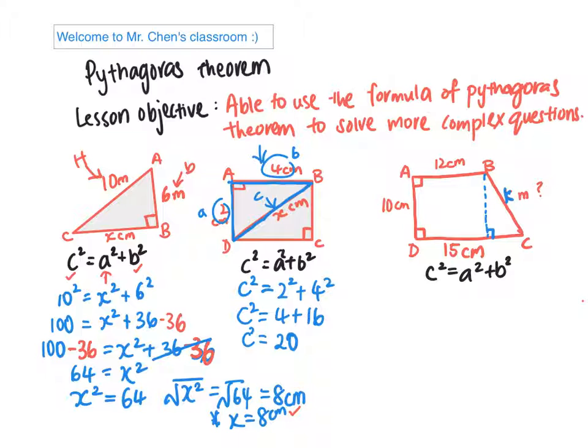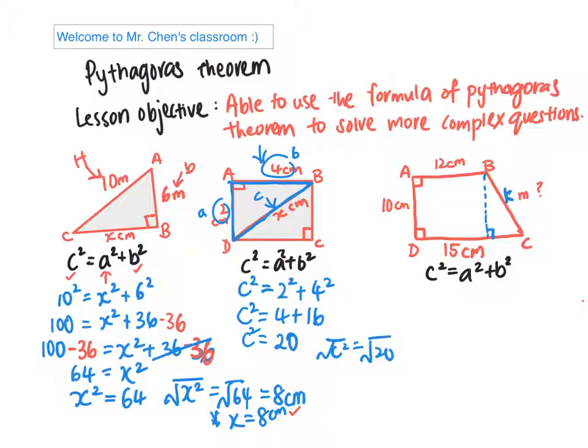Okay, and you have the square root of 20. The square root of 20 will end up with decimal points, so I'm gonna quickly use a calculator to make sure I'm not wrong.